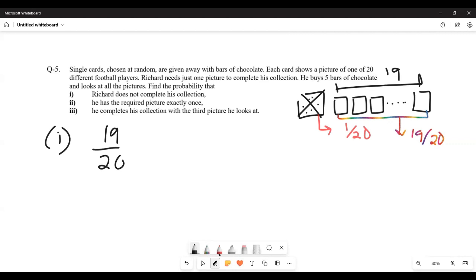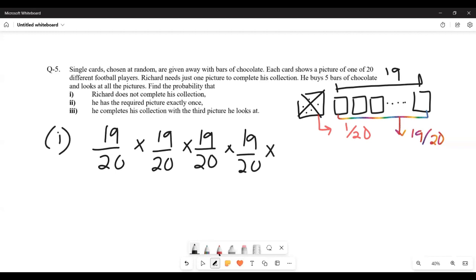But उसने 5 चॉकलेट्स खरीदी हैं and every time he did not get the desired card. So it's going to be times 19/20 सेकेंड चॉकलेट के लिए. थर्ड चॉकलेट में फिर वही हुआ, नहीं आया वो कार्ड, फिर नहीं आया, फोर्थ में और फिफ्थ में भी नहीं आया.